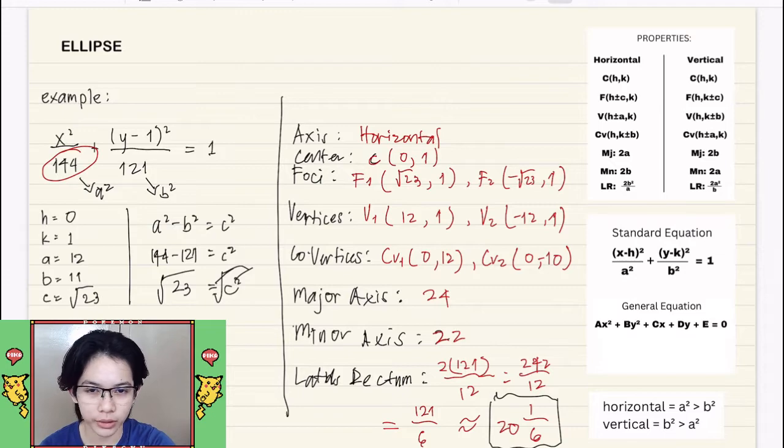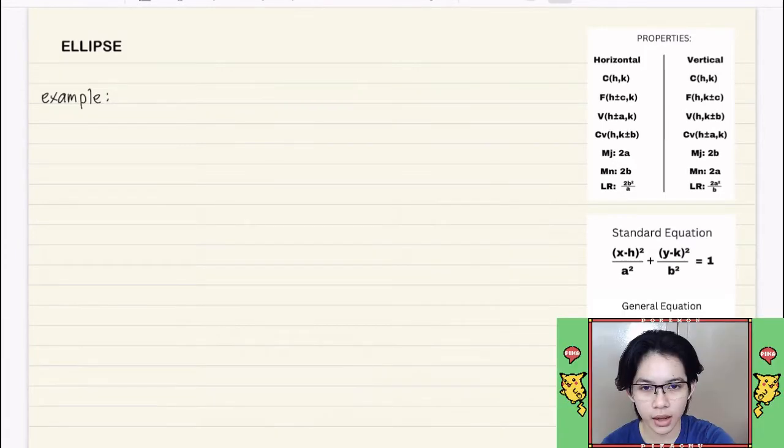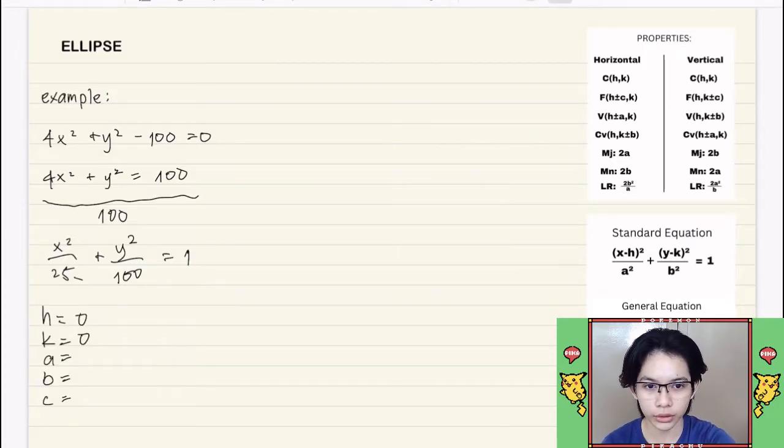For the next example, it is a general equation of an ellipse, wherein we are going to find the properties. The example is 4x² over 25 plus y² over 100 is equal to 1. Again, we are going to get h, k, a, b, and c to get the properties. h and k are 0, while the square root of a² is 5, and the square root of b² is 10.